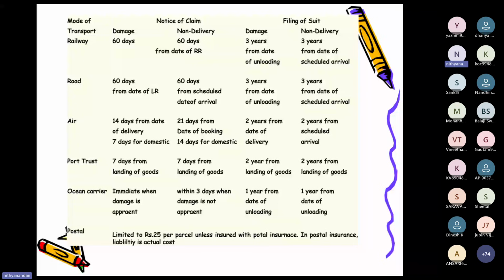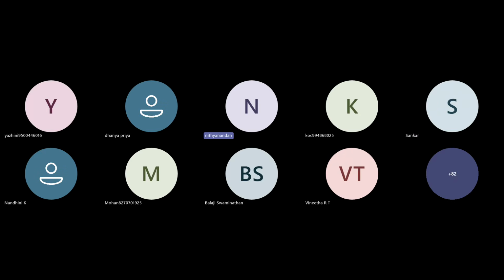So this table I have just given for your reference. Mugging it up is not possible. Just go through this. If 1 or 2 questions come, you can answer by knowing some details from this. Okay, with this, we have completed the cargo portion, right? Now we will go to the marine hull.